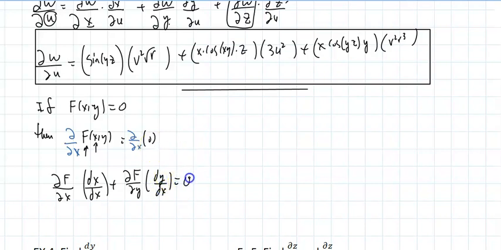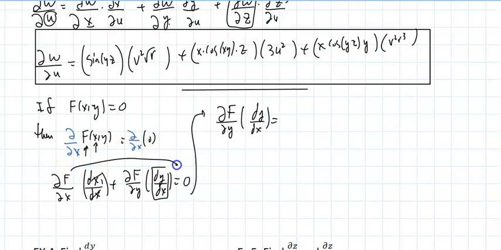And the derivative of a constant is 0. So if I solve for this, isn't this a 1? I get the partial of f with respect to y times dy dx to equal negative the partial of f with respect to x.